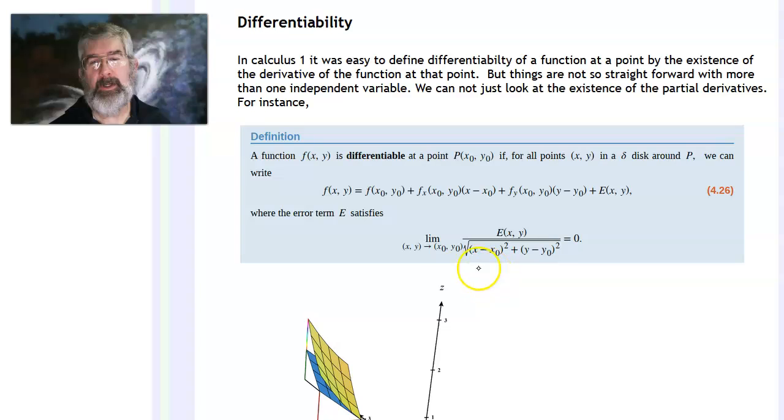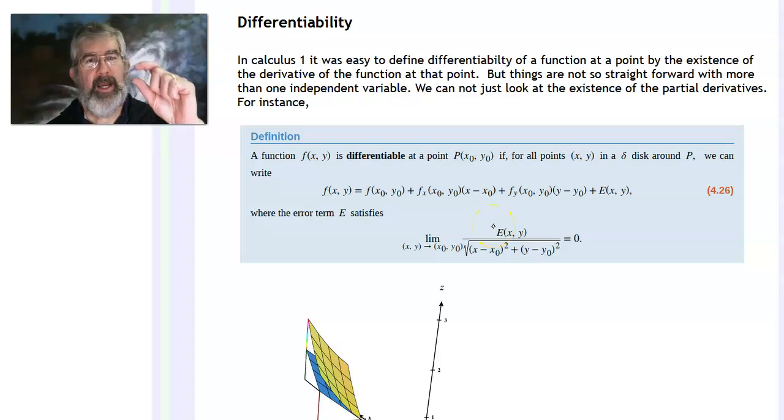Now look at what this limit is. This is the limit as x, y is getting close, not to 0, 0, but to x0, y0. And it's the error divided by the square root of x minus x0 squared plus y minus y0 squared. This is the distance away from x0, y0. So the point x, y is some distance away from x0, y0. And you want to see how big that is and divide it into the error.